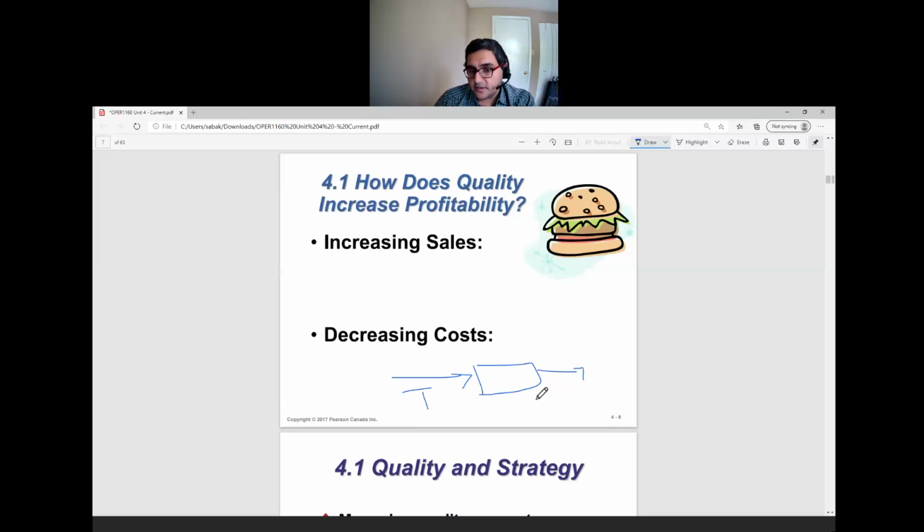This is the input, this is the output, and this is our operations management. So assume that the process by which you convert your inputs to output is really efficient. What it means is the wastage which is happening in the process of converting input to output is minimal. That means your process is very efficient and effective.